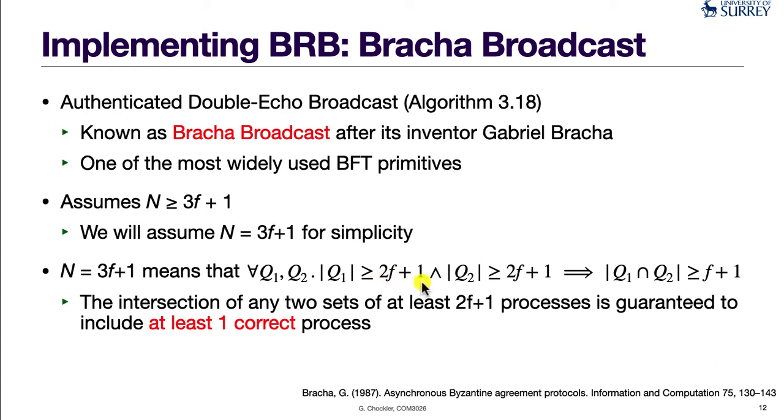So 2f plus 1 is what is called a super majority. Any two super majorities intersect in at least f plus 1 processes, and since we have at most f faulty processes in the system, the intersection will include at least one correct process. This assumption is very important in how the algorithm is designed, as you will see shortly.